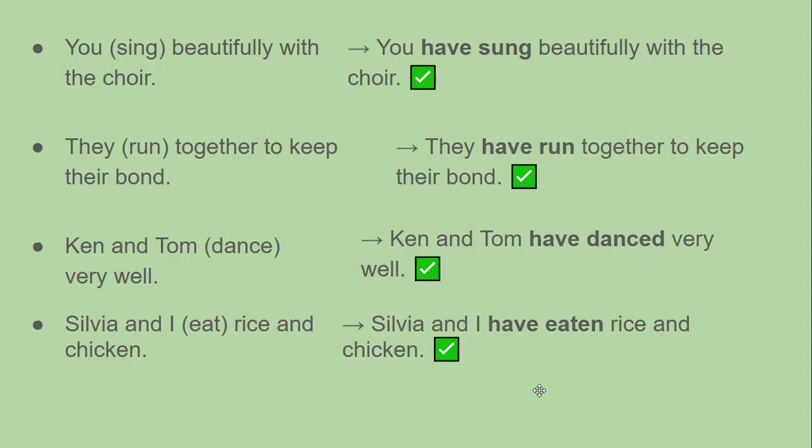After looking at the structure, we discussed the rules. The rules were as follows: use have for I, you, they, and we, and use has for the subject he, she, and it. After looking at the rules, we then applied the rules and the structure by doing the exercises which we've just finished now.